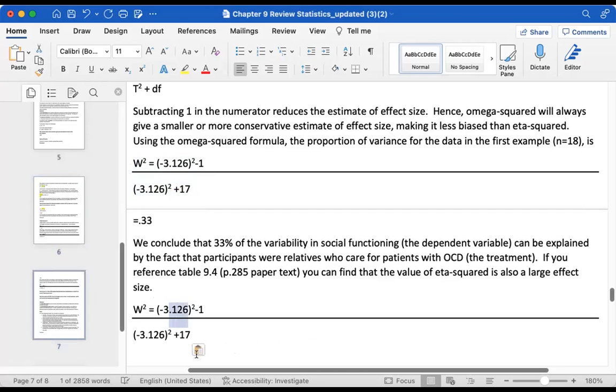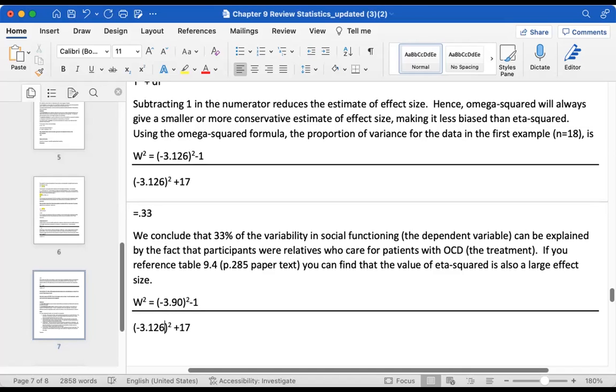Yes, 3.90, because we rounded, right? Yeah. Like that, plus 19. Do you know where I got those numbers from, Ariel? Yeah, I got it. And then we just do that math, and then we do some SPSS stuff.